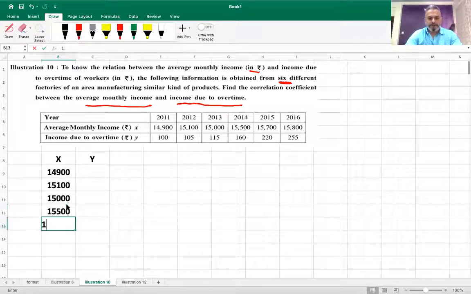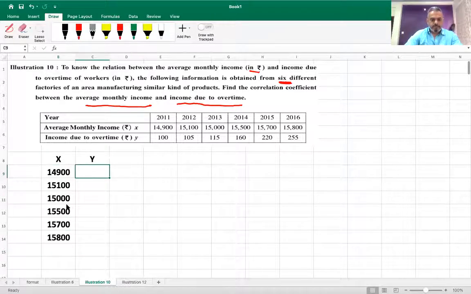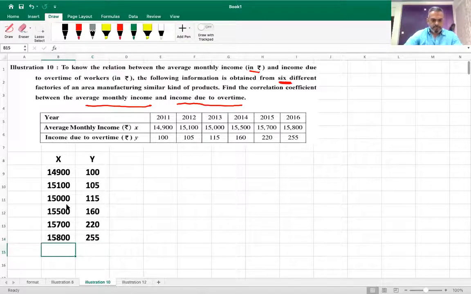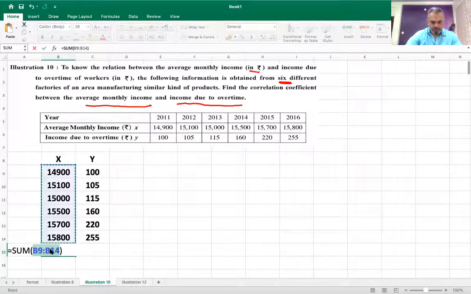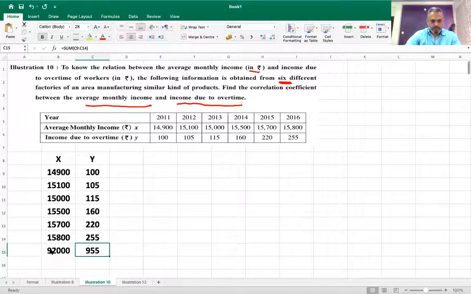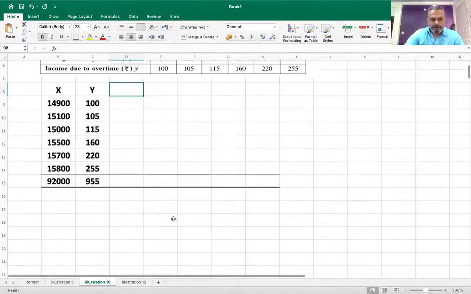First step is you find the mean. Now, let's first find the mean.